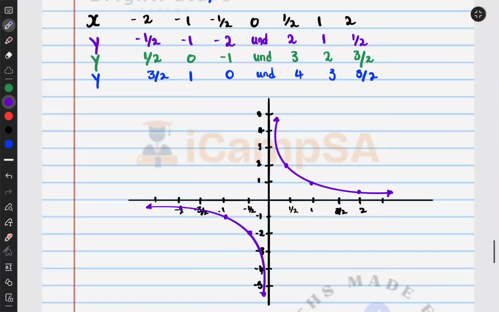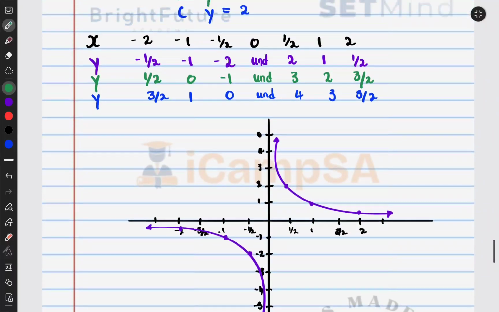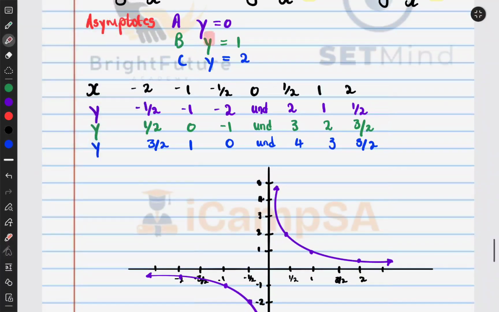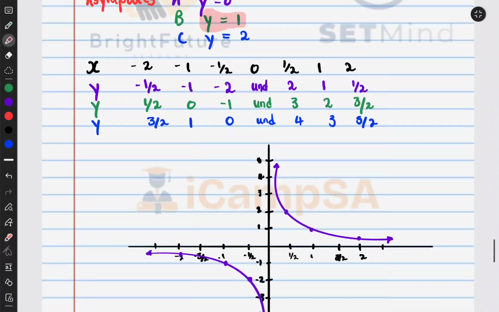Let's go ahead and sketch the second one. Negative 2 corresponds with negative 1. What did we say was the asymptote now? For the second function, the green one, the asymptote is y is equal to 1. It is always best to start by plotting that asymptote before we start sketching, so that we know the asymptote will be here at y is equal to 1.